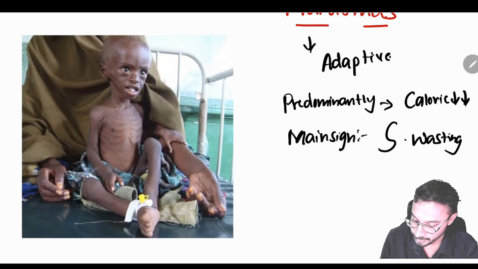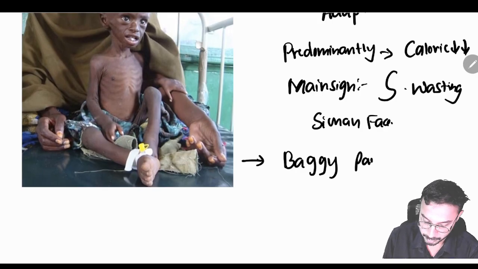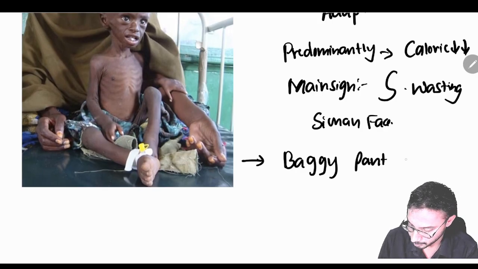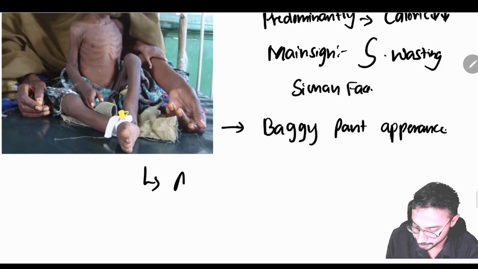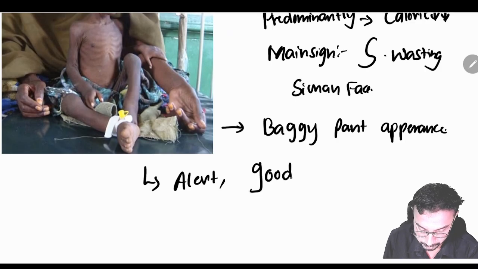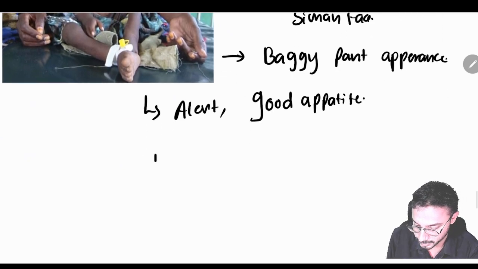Look at the face, it looks like a simian face. Look at this, baggy pant appearance. And look at the baby, the baby here is alert and has a good appetite. And the outcome is better. Prognosis is good.